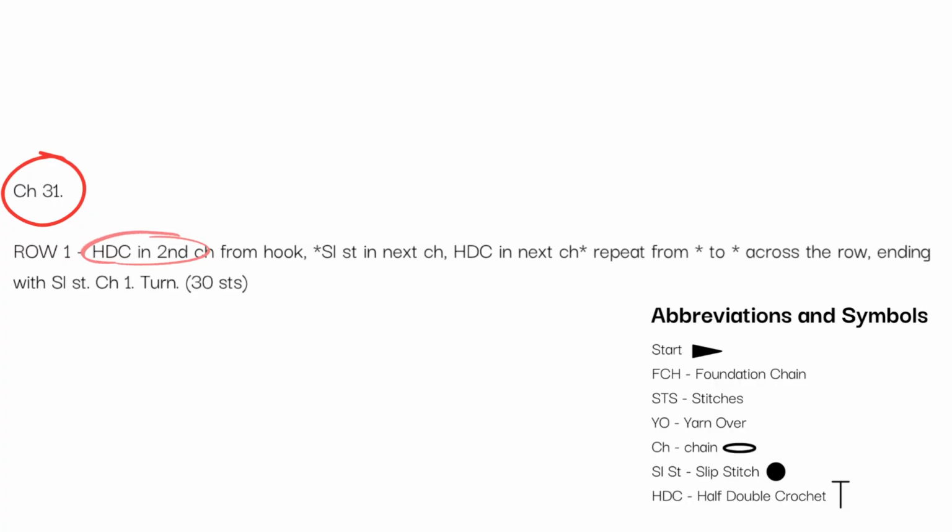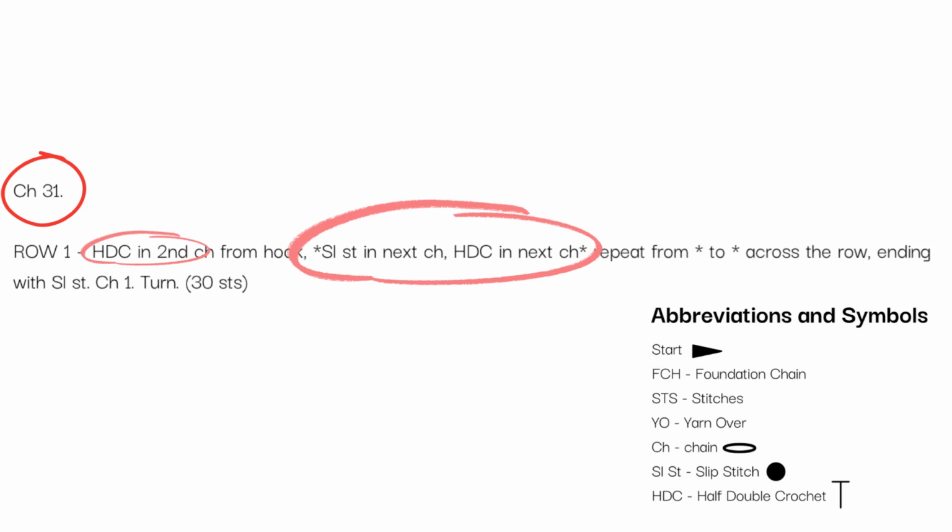Also remember that the loop on your hook doesn't count as a chain, it's just whatever is below the hook. So you have to skip the first chain because it's only a turning chain, because you're starting the first row, and then you start a half double crochet in your second chain from the hook, and then you see the stars. The stars indicate that the section should be repeated.